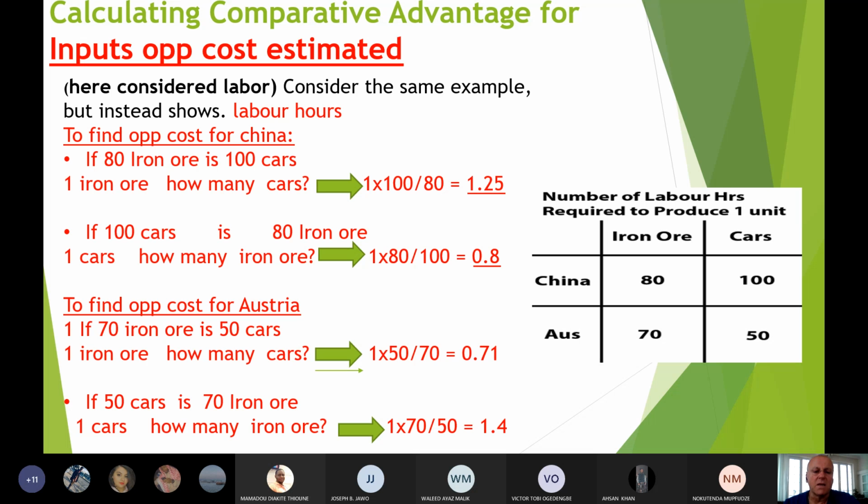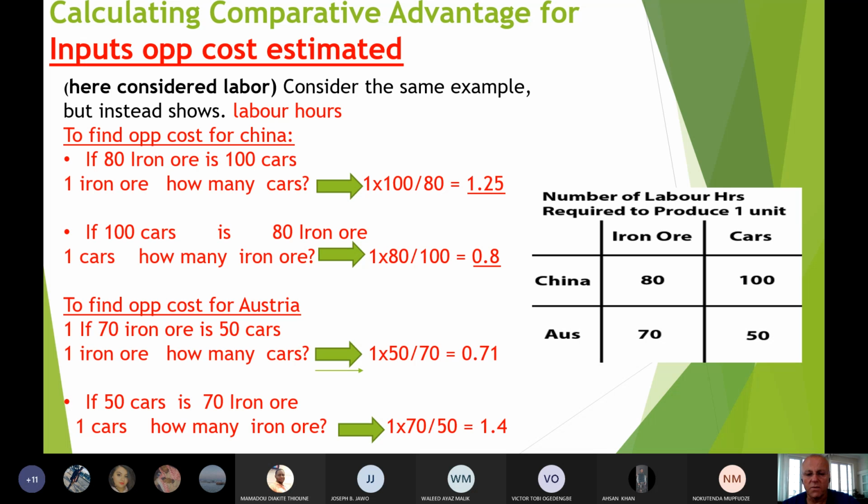And to find the opportunity cost for Australia, if 70 iron ore is 50 cars, then 1 iron ore is how many cars? Then it is 1 times 50 divided by 70. This is the simplest cross multiplication, because you know how to calculate when you are taking these percentage estimations.